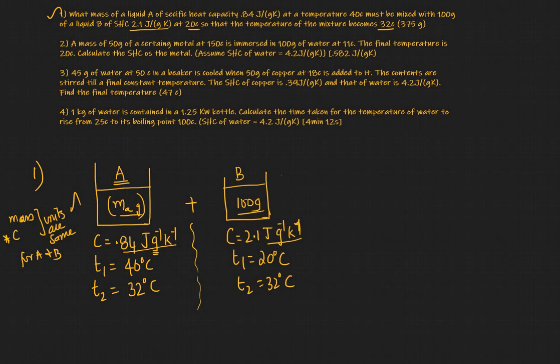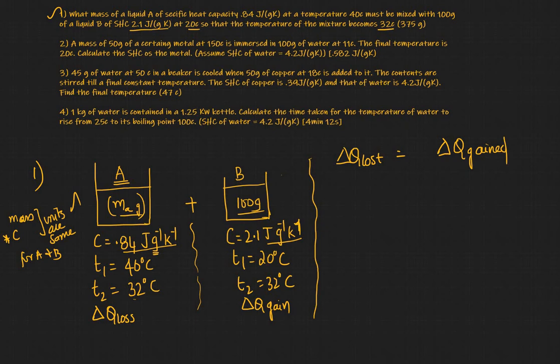Now look at this. A loses, or is going down in temperature, so there is a delta Q loss, and this is a delta Q gain because there's an increase in temperature. Your starting point is to write the law of calorimetry: delta Q lost equals delta Q gained.